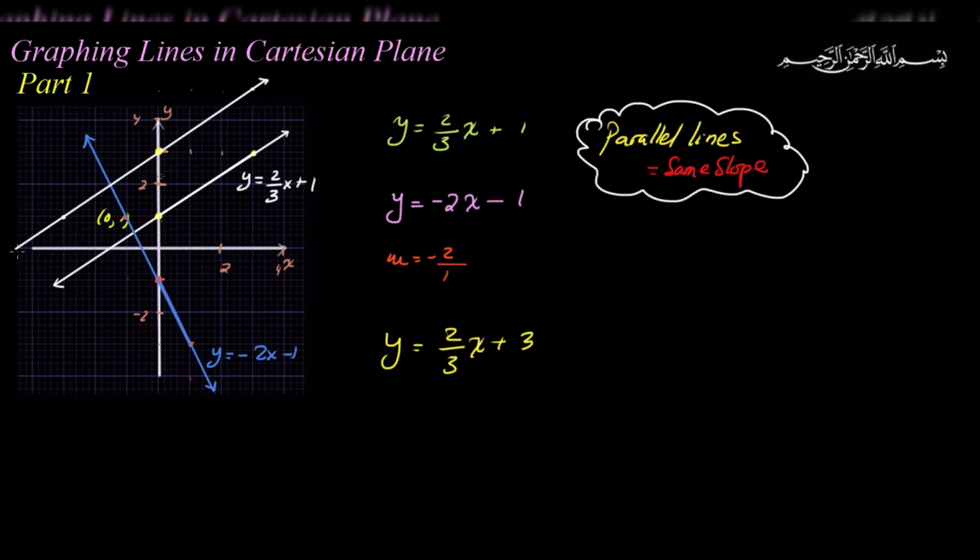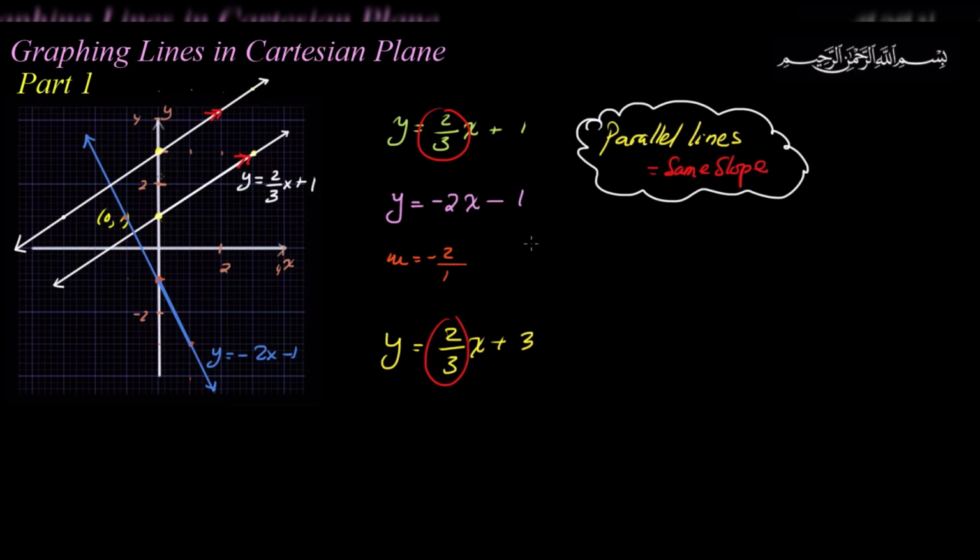Now you can see these lines are parallel to each other, and the reason is because they have the same slope. Parallel lines have the same slope, except their y-intercepts are different.